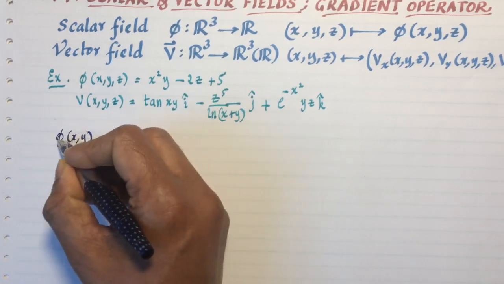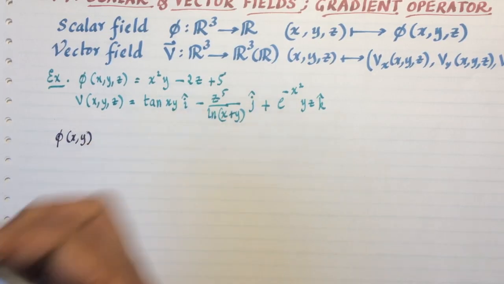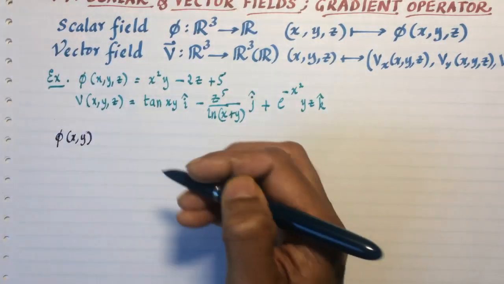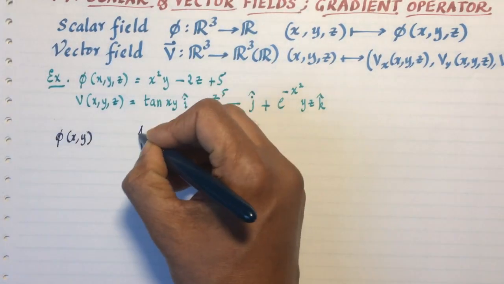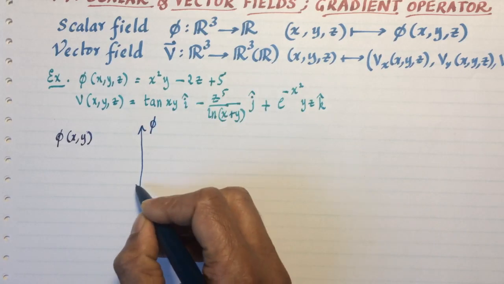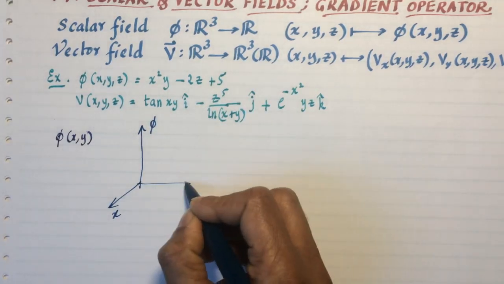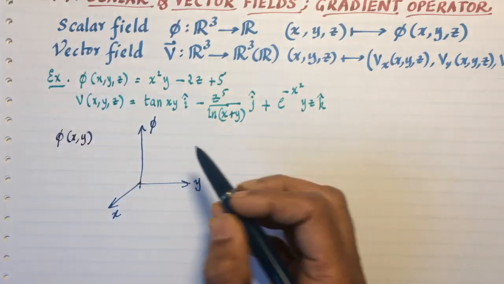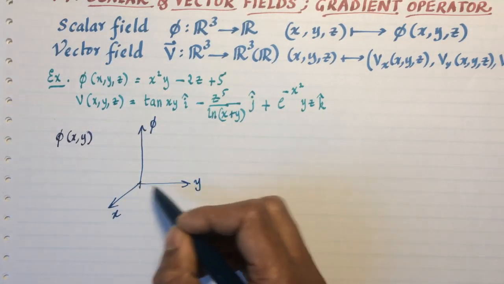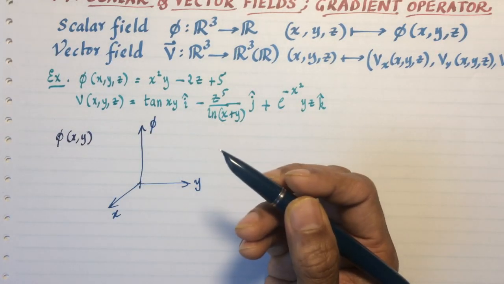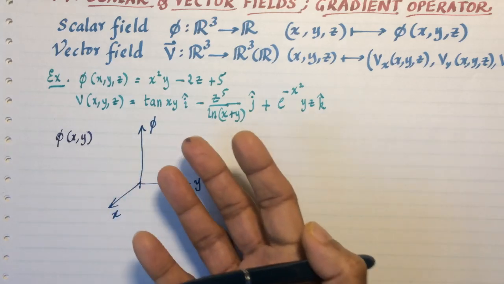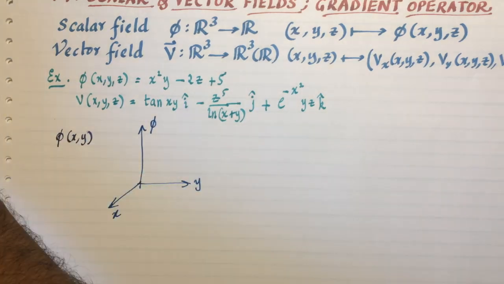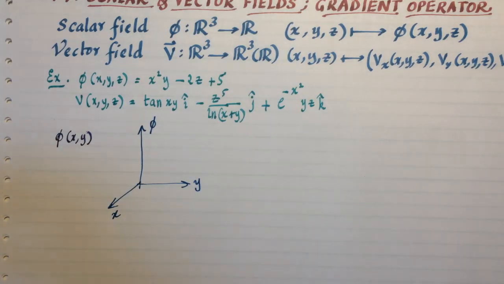This allows the z direction to be used for plotting phi itself. So if I have phi here and x here and y here, you can immediately see the problem in plotting phi of x, y, z. You cannot, because x, y, z are used up in our imagination, and phi will have to advance in time.